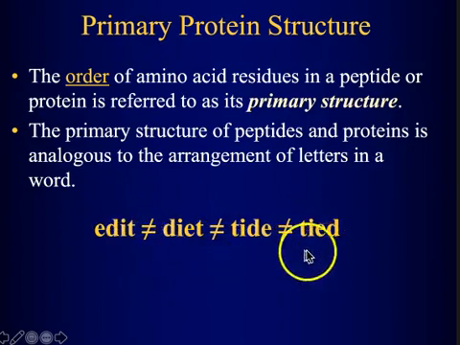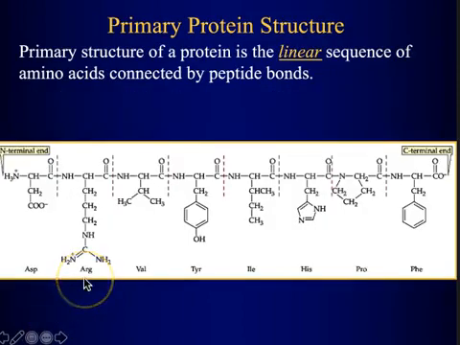So just like the spelling of these letters makes a difference, the order of our amino acids will also make a difference. So every protein is unique based off of this order, and we're going to call this the primary protein structure. What we want to get out of this primary structure is that it's the linear sequence.